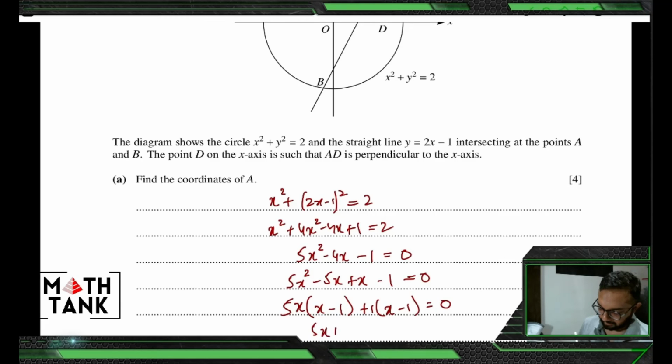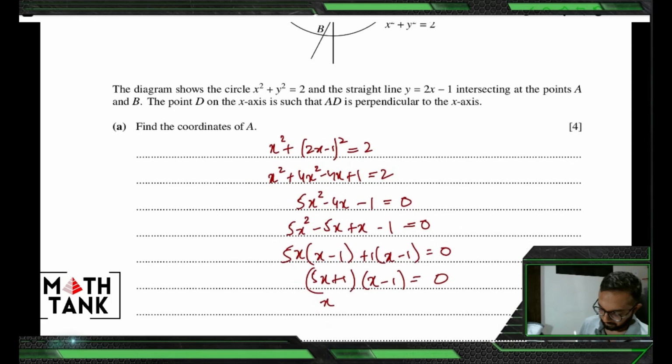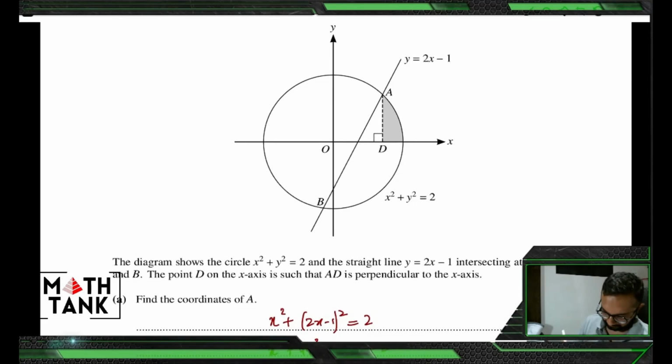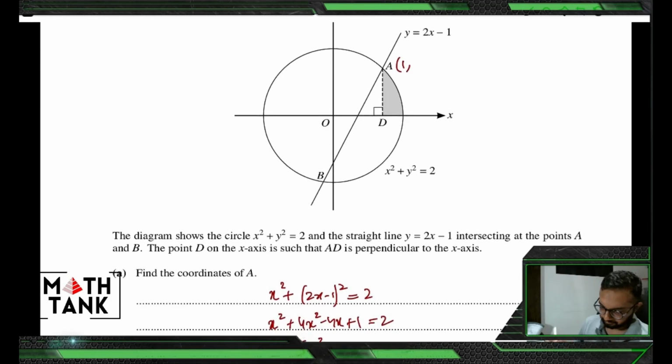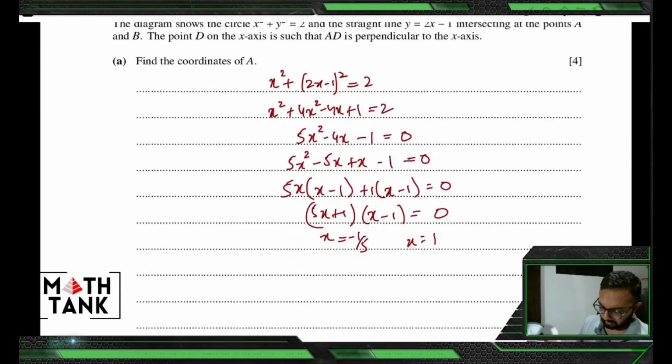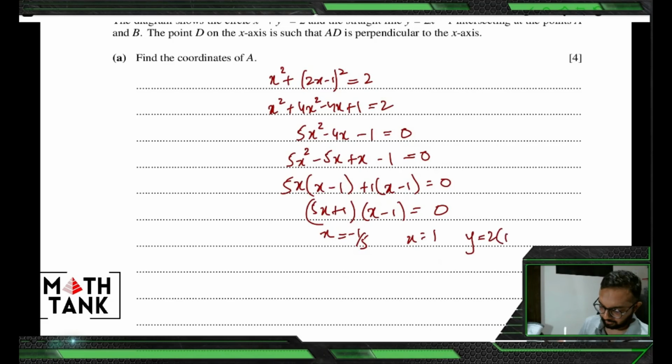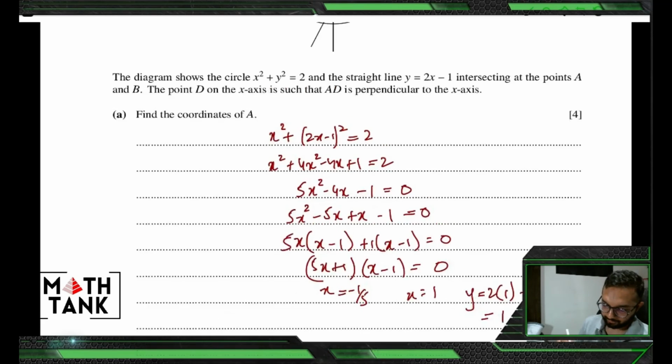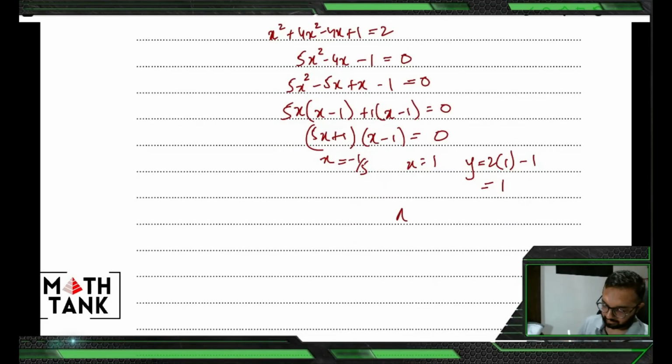So 5x plus 1 and x minus 1. x is minus 1/5 and x is 1. I'm going to say that's 1, and the y coordinate is then 2 times 1 minus 1, that's also 1. So A is basically 1 comma 1.